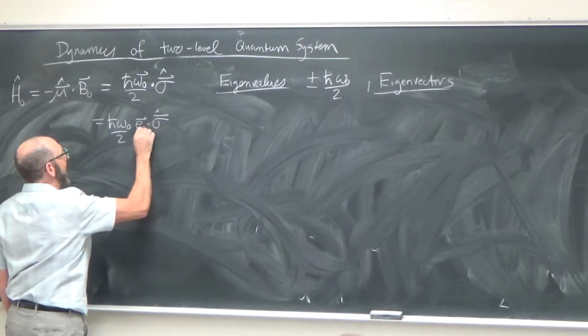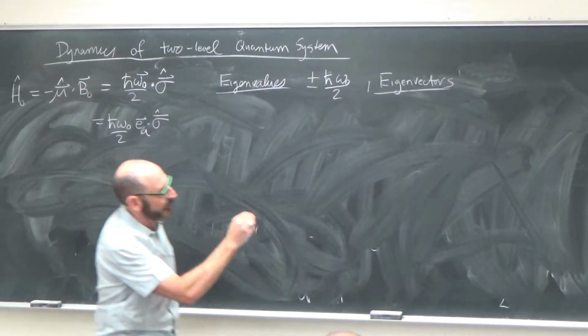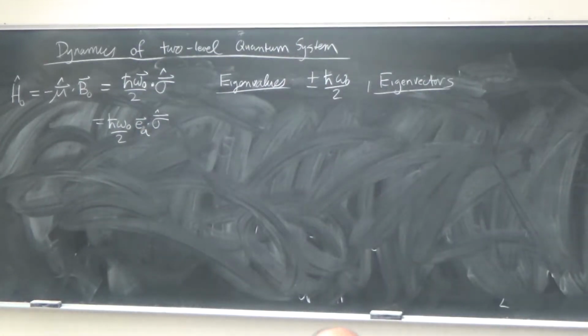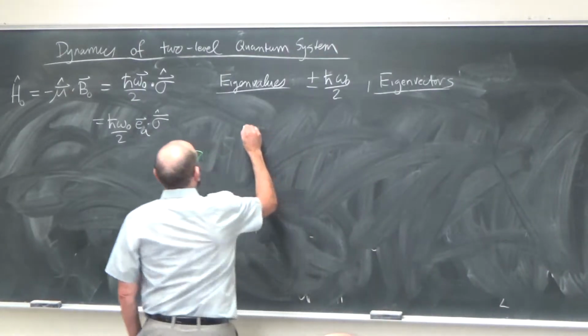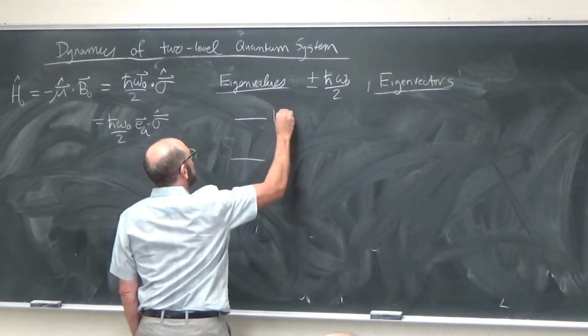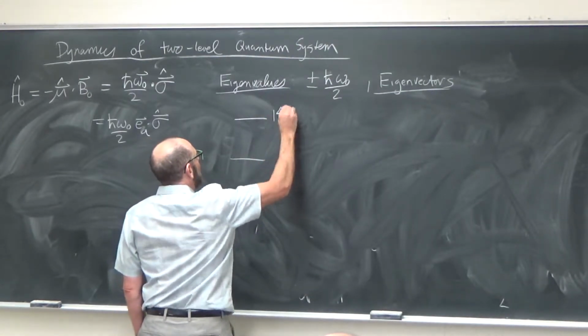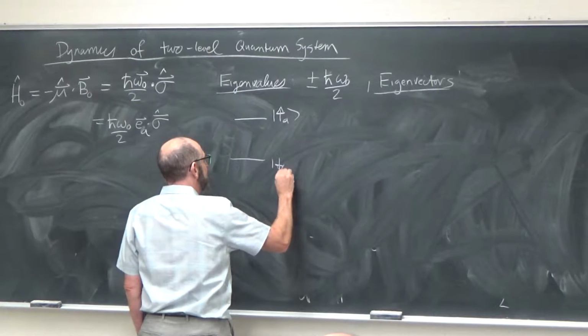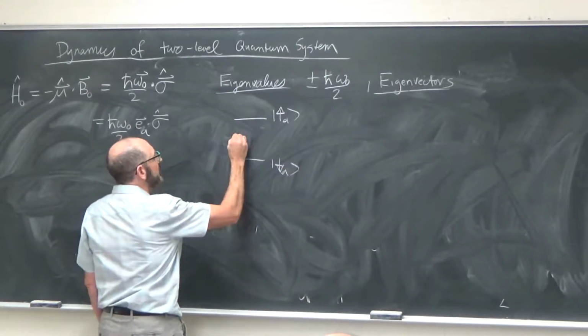Let's call it just some axis. So this vector omega naught has some magnitude and some direction, whatever that direction is. And so the eigenvectors of this, I'm going to have a spin up along that axis and a spin down along that axis.